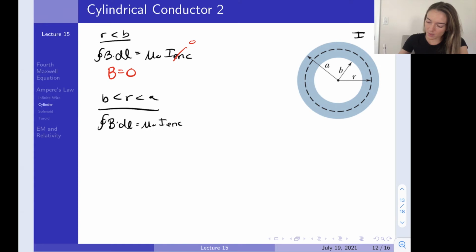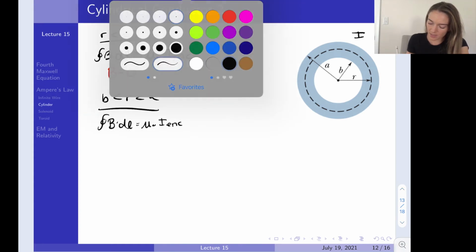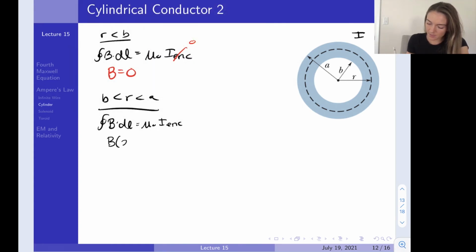So we can write the left-hand side right away. Now we're going to have a mu naught, and we have to think about what our I enclosed is again. So what is the I enclosed here? Well, we can't do it quite as simply as in the previous problem because we have this centerpiece cut out.